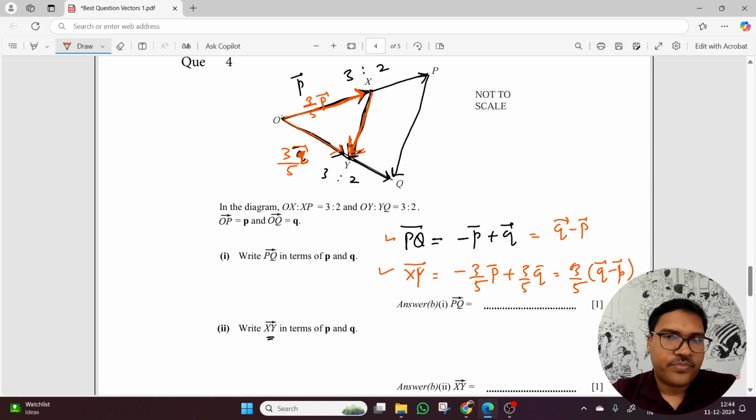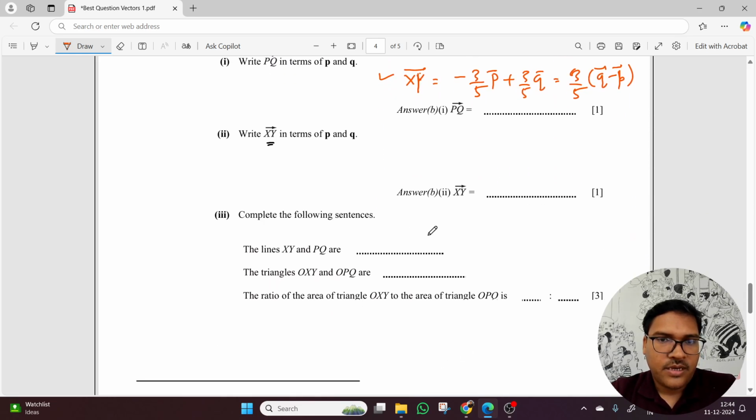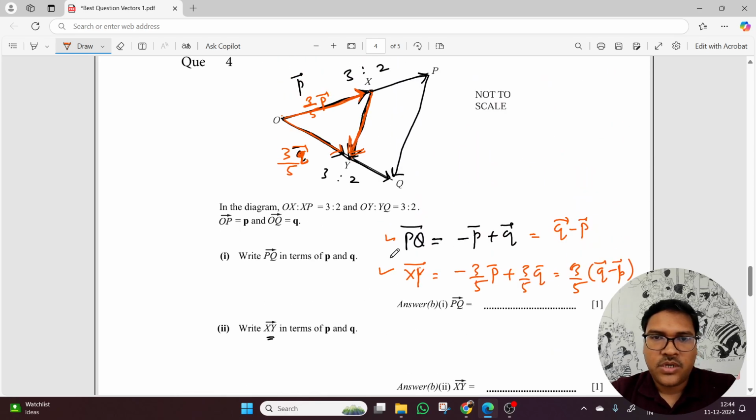Now the next part says, complete the following sentence: the lines XY and PQ are. Now see, lines XY and PQ. You see this PQ vector is Q minus P. And XY vector, can I say XY vector is equal to 3/5 of PQ vector?